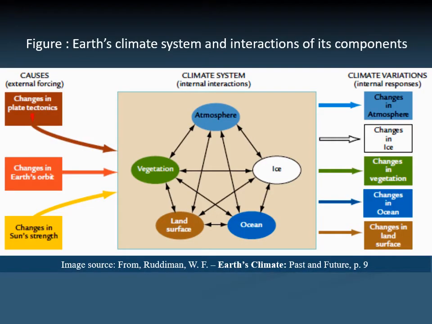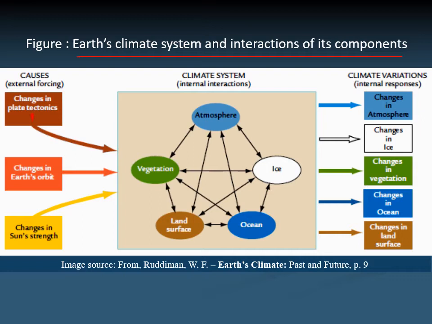Now, if we look at the Earth's climate system and interaction of its components, the main causes which force the change in Earth's climatic condition can be grouped in two parts. One is the external causes, that is the external forcing.